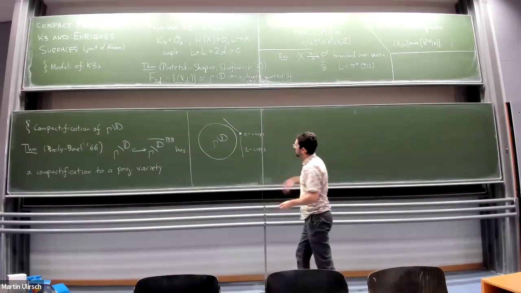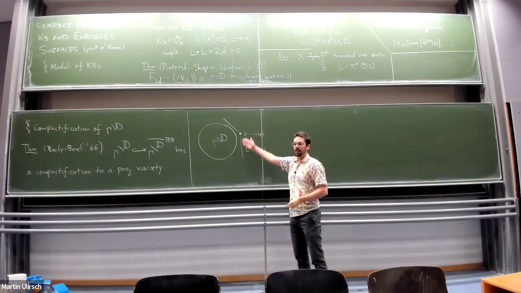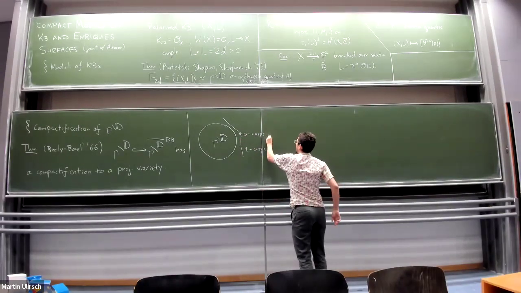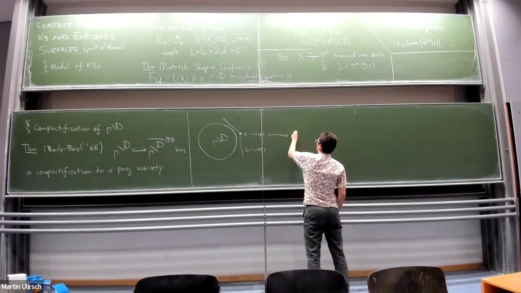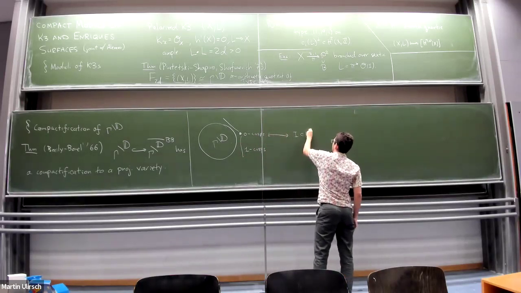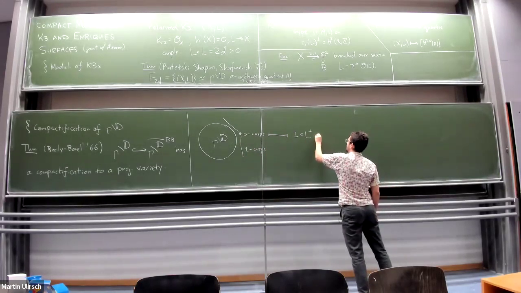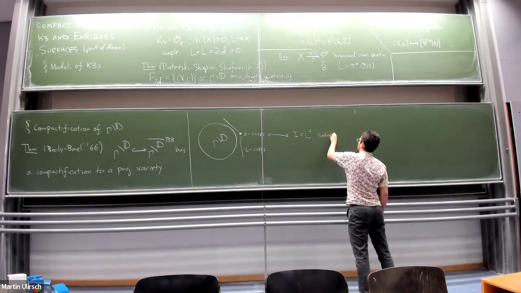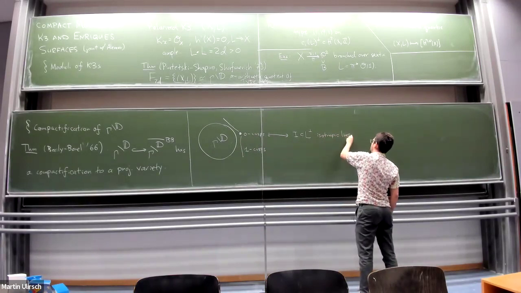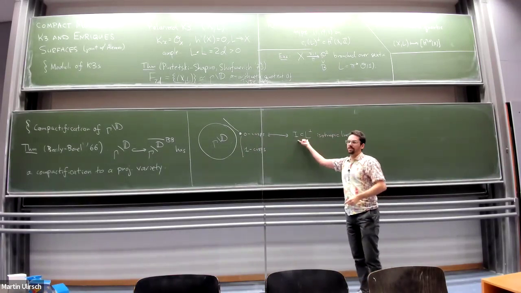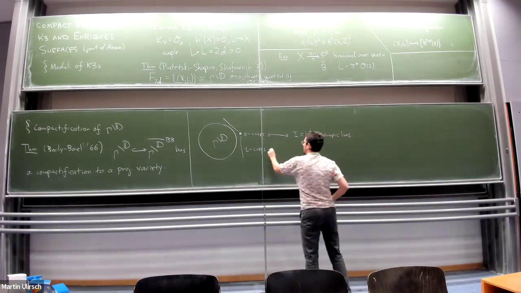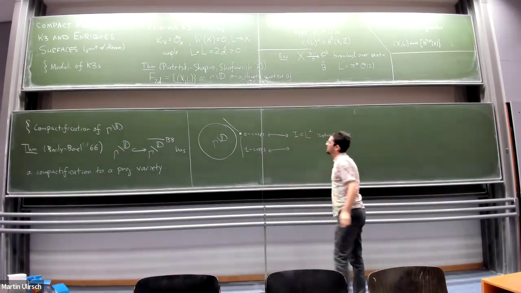So the 0-cusps are points, and the 1-cusps are curves. The 0-cusps are in bijection with isotropic lines inside of the lattice L perp, isotropic for the natural quadratic form, which is the intersection pairing.